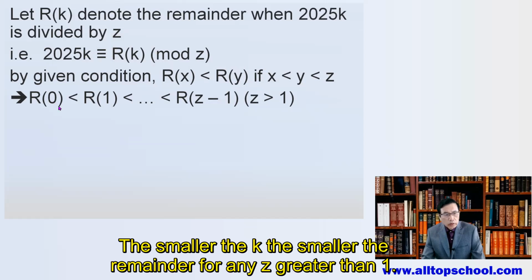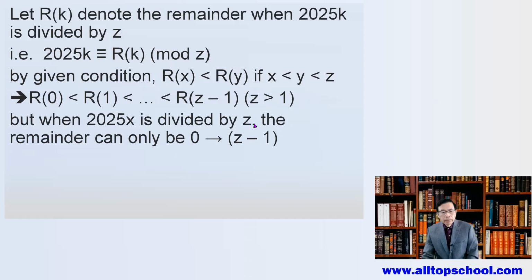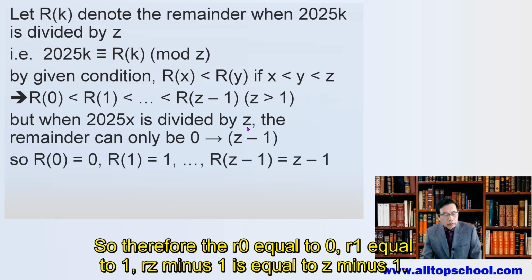The smaller the k, the smaller the remainder, for any z greater than 1. But when 2025k is divided by z, the remainder can only be 0 to z minus 1 by the remainder property. Therefore r_0 equals 0, r_1 equals 1, and r_(z-1) equals z minus 1.